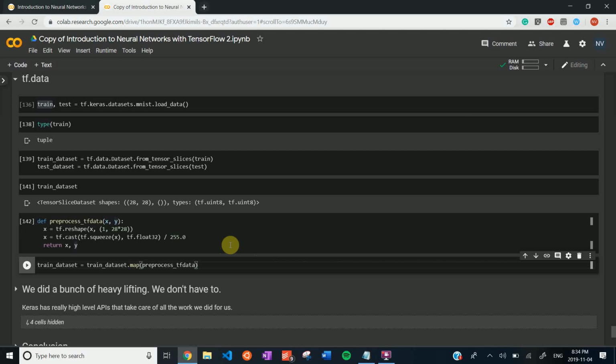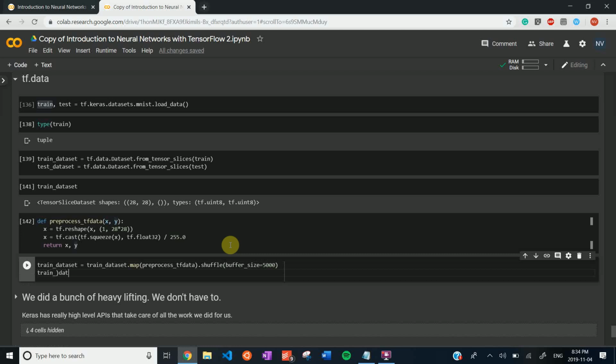Cool. And so before I told you that we're going to be working with small chunks of data at a time, so we're going to write some code to make that happen. The first thing we want to do is shuffle our data. I will explain why in a minute, but just know that we do have to shuffle our data when working with mini batch gradient descent. And we're going to do some other stuff as well, like batching.